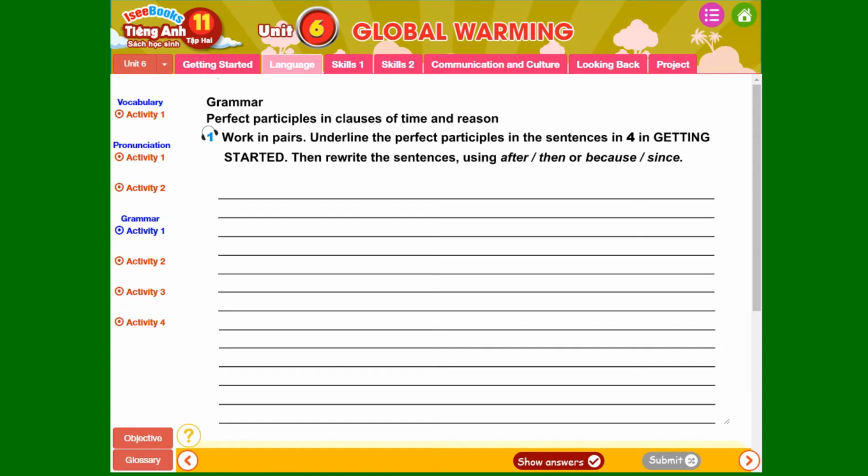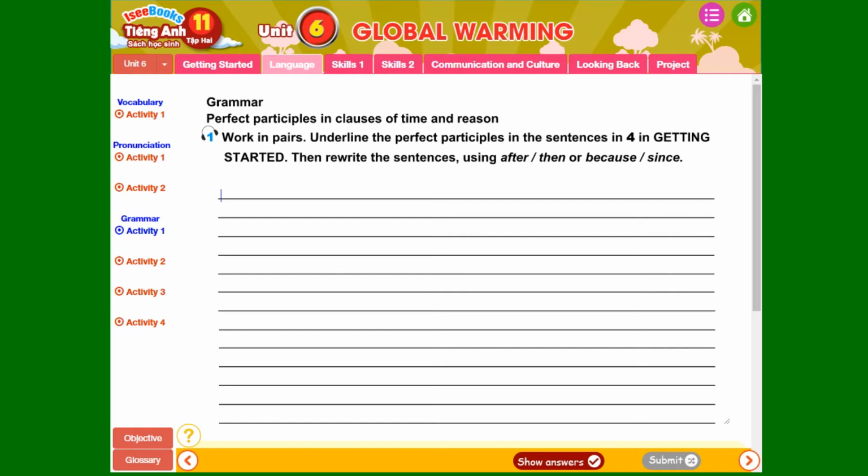Perfect participles in clauses of time and reason. 1. Work in pairs. Underline the perfect participles in the sentences in Getting started. Then rewrite the sentences using after or when, or because or since.